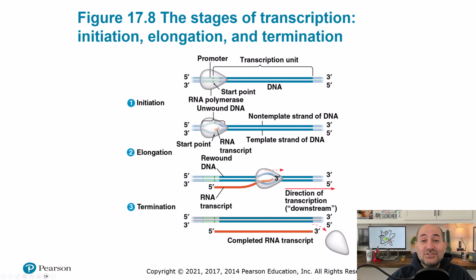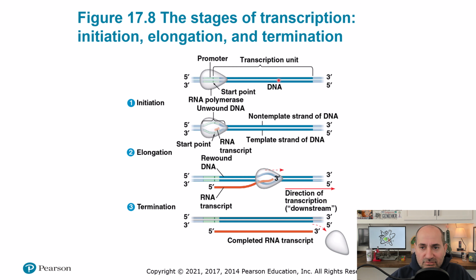Now let's go into a little more detail about transcription, looking at how the DNA is copied into mRNA. Remember, we're not copying all the DNA, we're just copying one gene. So, let's look at what we're analyzing here. This is a gene.